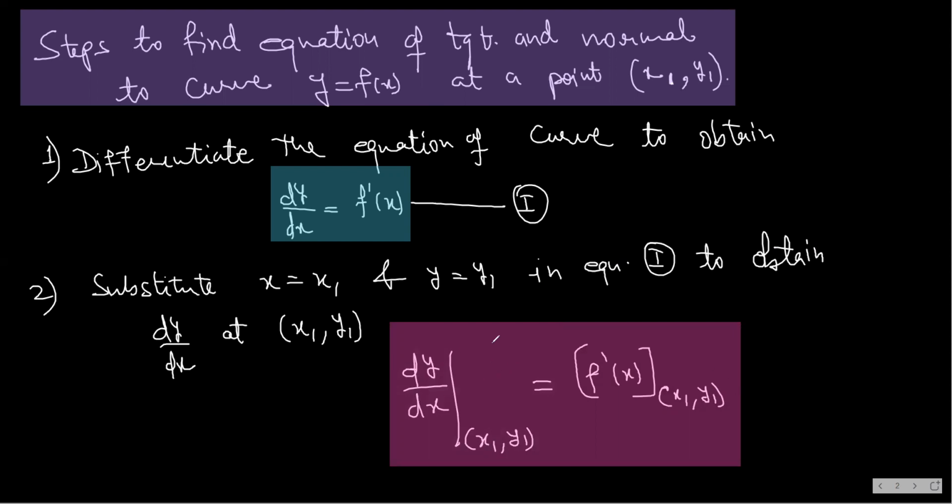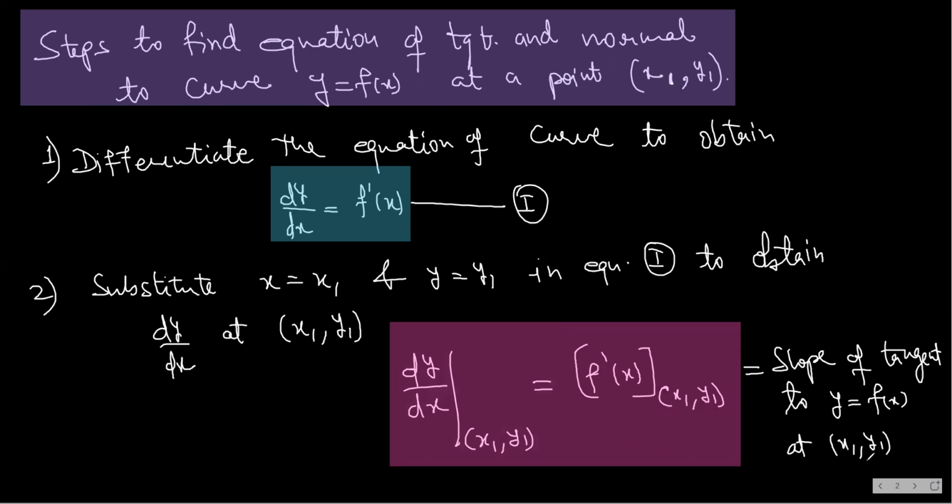This number you found is equal to the slope of the tangent to y equals f of x at x1, y1. So I will call this m. I got the slope of the tangent at x1, y1, and I call this m.